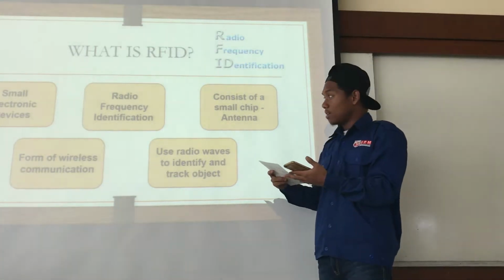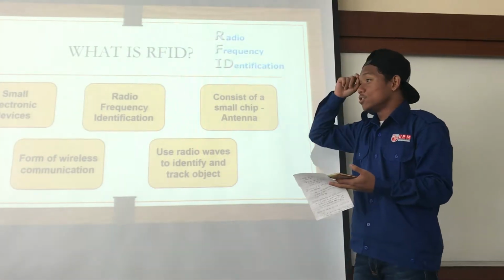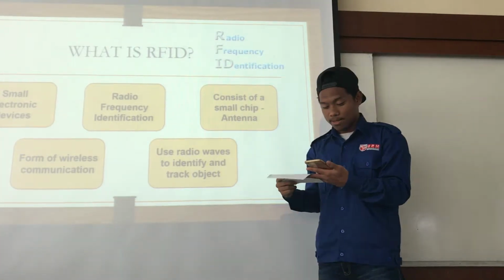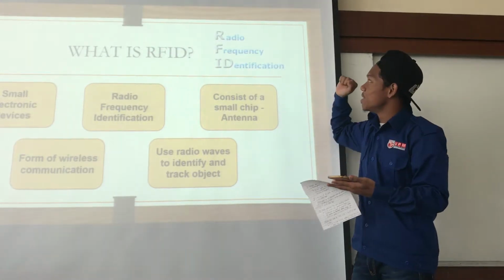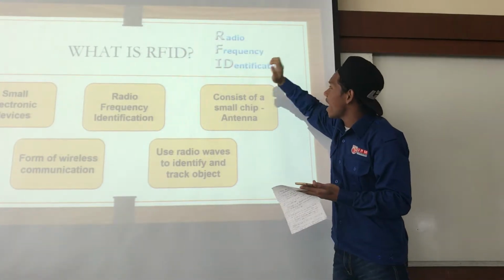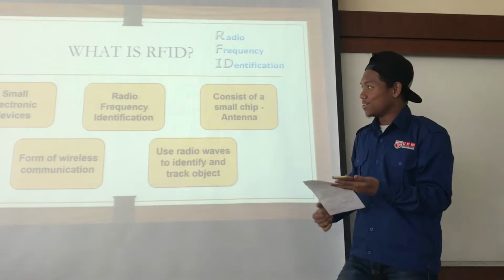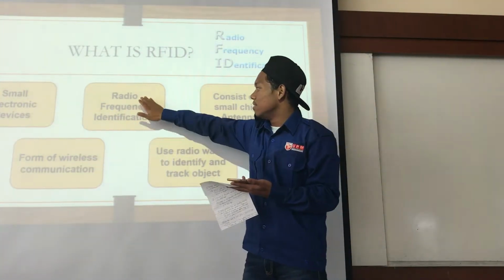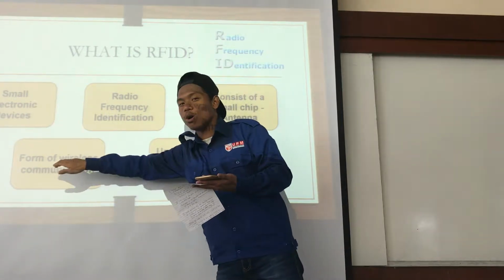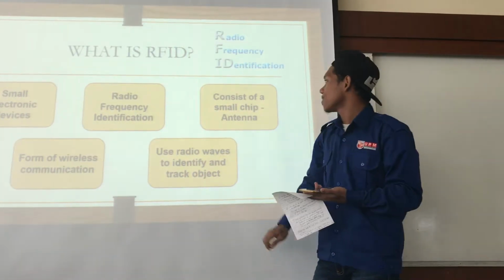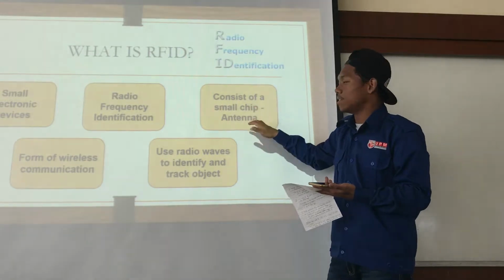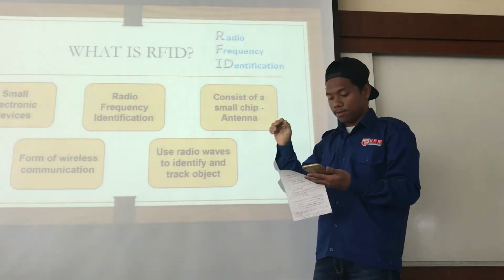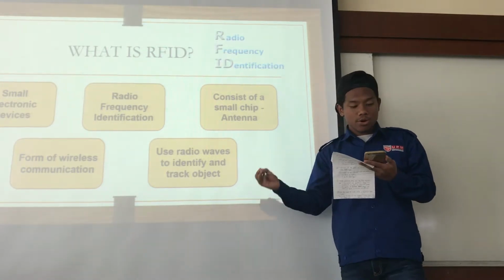Alright. Firstly, I will introduce all of you to what RFID is. Basically, RFID means radio frequency identification. It is a small electronic device, a form of wireless communication, consisting of a small chip and antenna, that uses radio waves to identify and track objects.